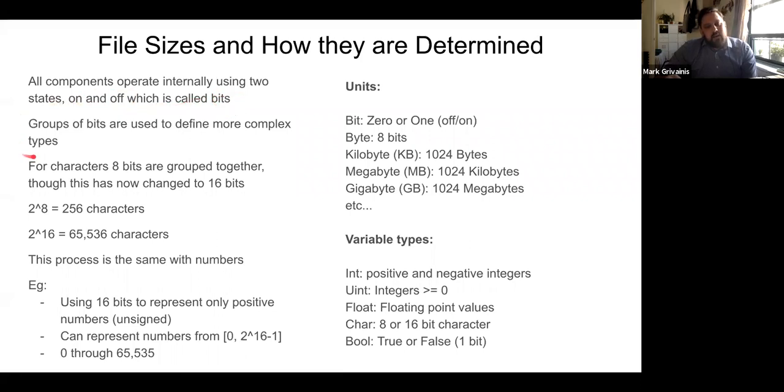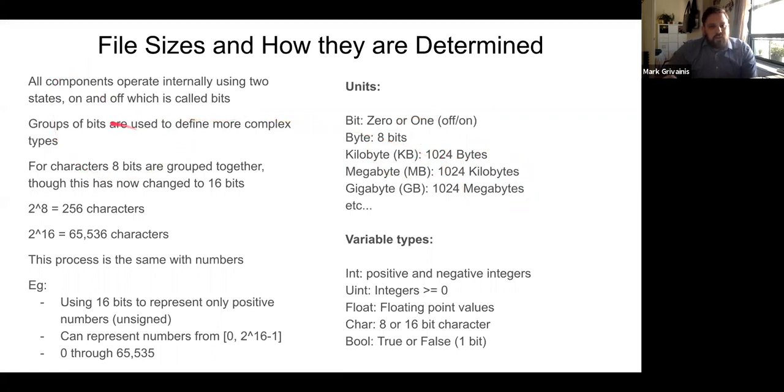And any type of data on a computer is made up of groups of bits. So a single bit represents 0 or 1, and a byte is made up of 8 bits. A kilobyte is a unit of measurement, is made up of 1,024 bytes, and the megabyte is 1,024 kilobytes, and so on. So it gets bigger.